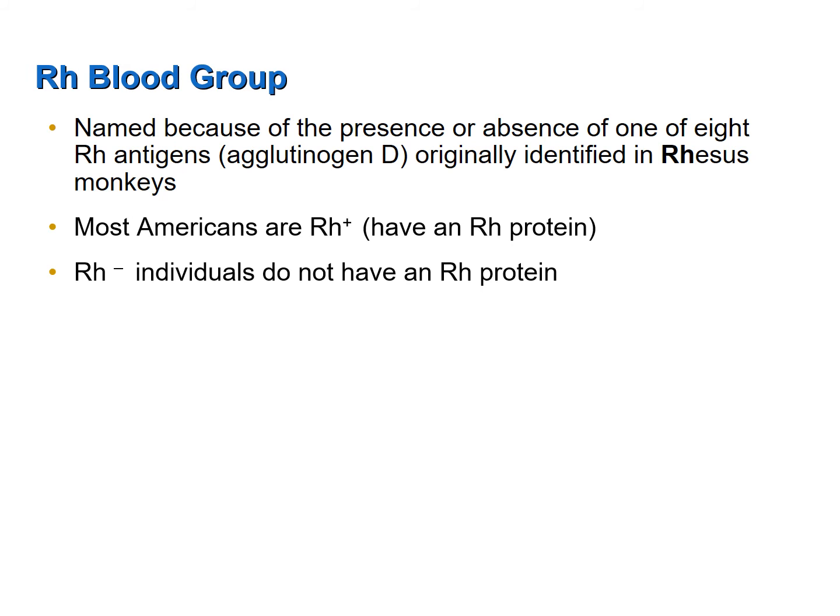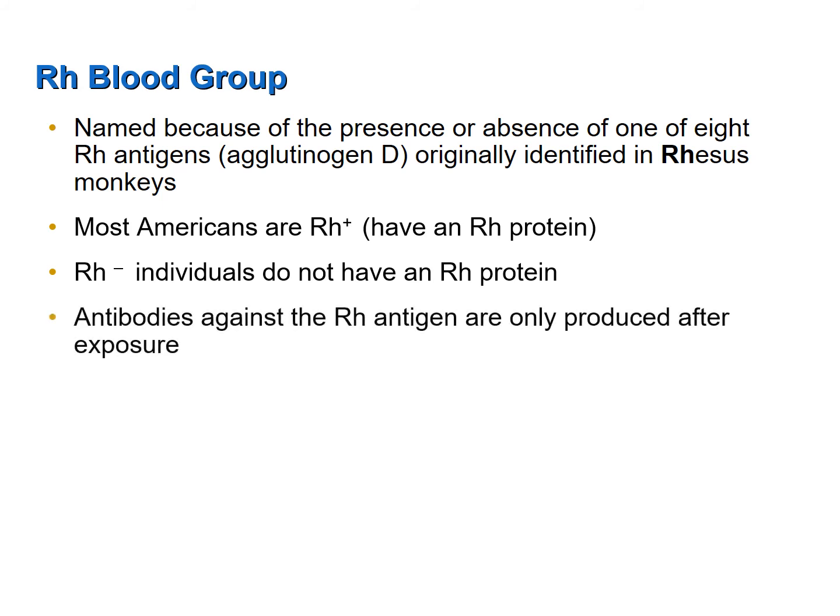Now recall that with respect to the ABO blood group, you develop antibodies against whatever antigen is not present on your red blood cells within months after birth. That is not the case for the agglutinogen D or Rh antigen. Unless you are Rh negative and have been exposed previously to Rh positive blood or the Rh antigen, you will not have antibodies against this antigen.